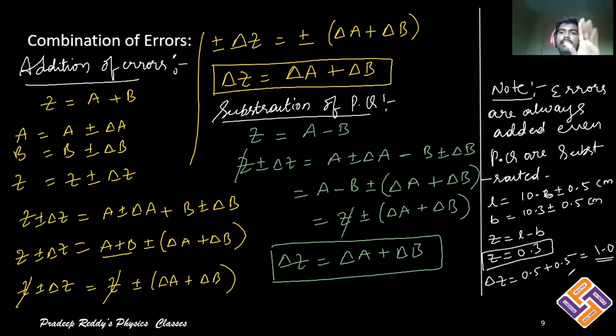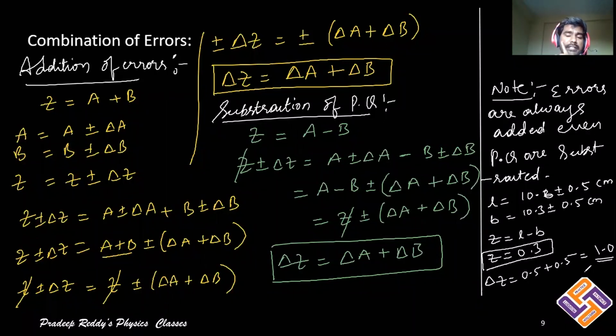Never will the error be 0. Is error 0 ever possible? Definitely not. Definitely there will be some kind of error when you are making any measurement. So literally, if you are subtracting the errors, it means that you are vanishing the errors. You are making the error become 0.